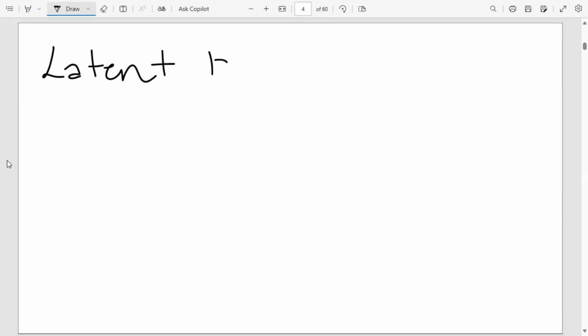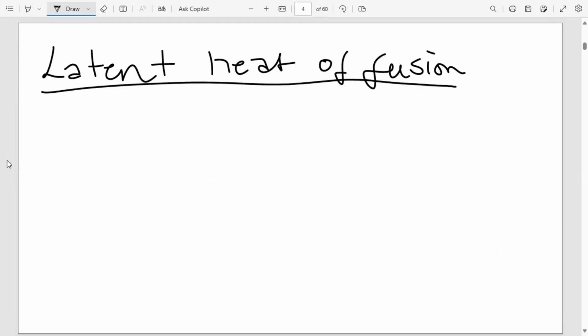Latent heat of fusion. And what does this type of latent heat actually talk about?